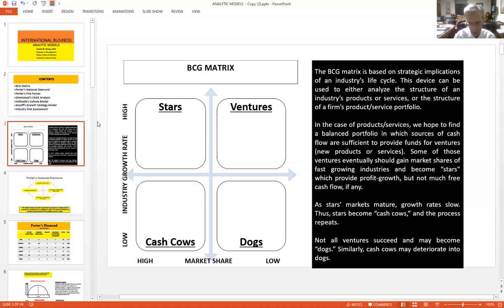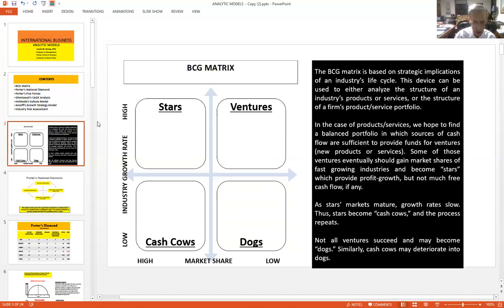So anyway, the model was developed to interpret and understand how firms' strategies should change as the industry life cycle changes.